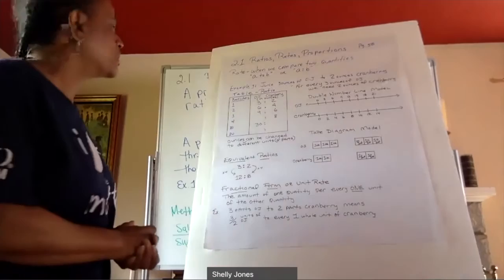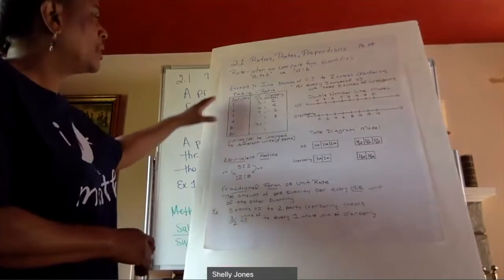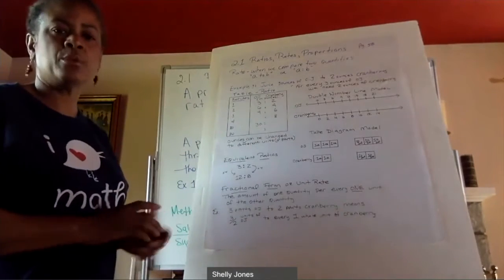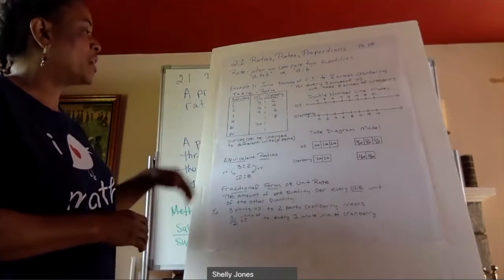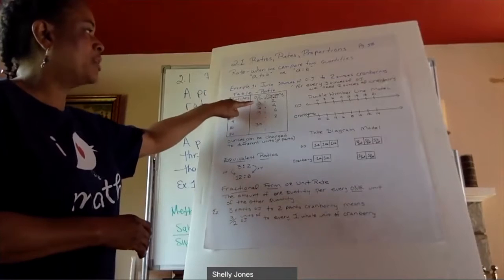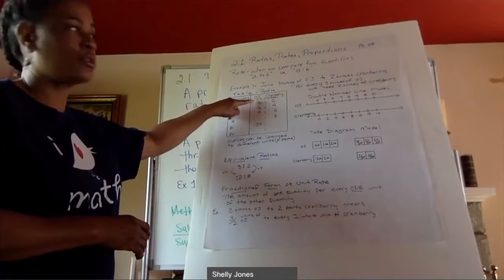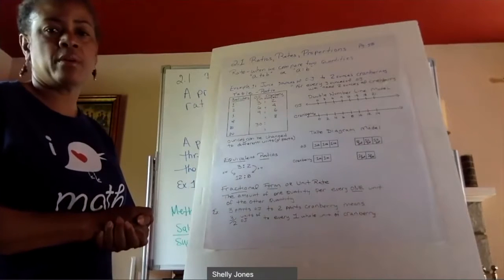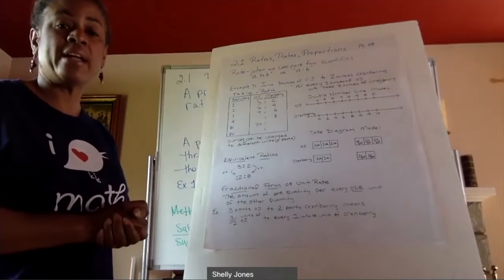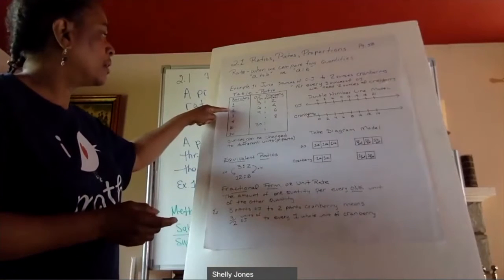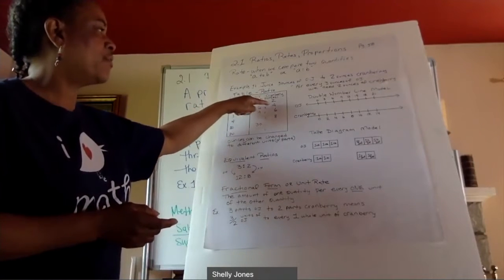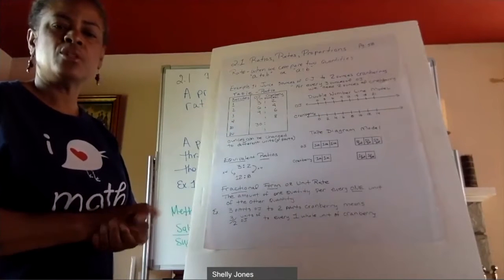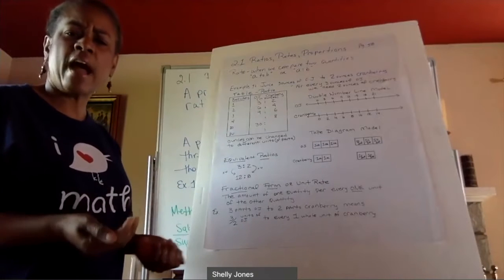Okay, so let's look at the table. This is called a batches table. For one batch of this juice, I want to have 3 ounces of orange juice and 2 ounces of cranberry. Well, what if I want 2 batches? Of course, 2 batches, I would need 6 ounces of OJ and 4 ounces of cranberry. So it's sort of like equivalent fractions.